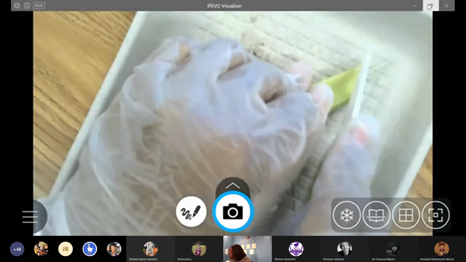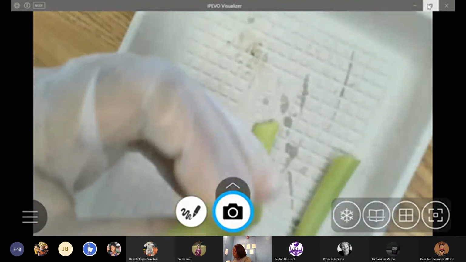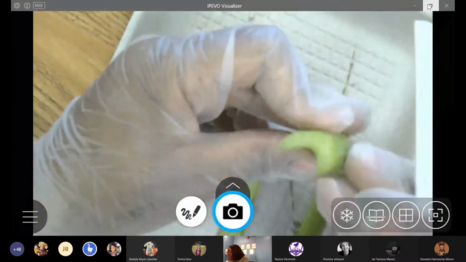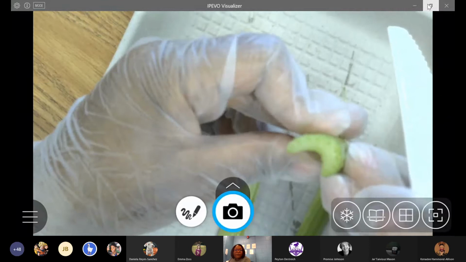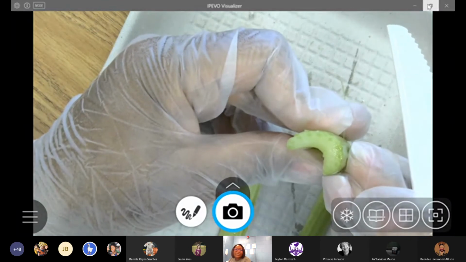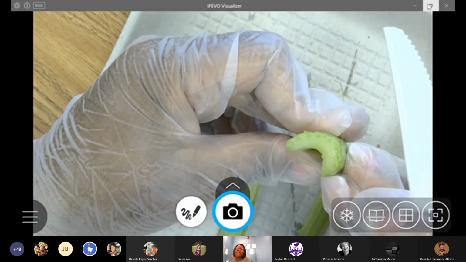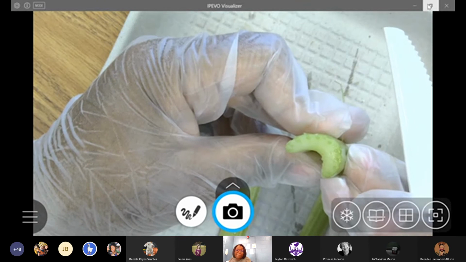When we're asking ourselves, is the celery a vascular or non-vascular plant?